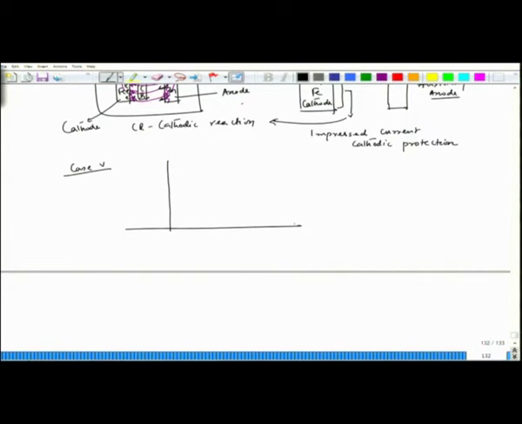Previously we could see that if we have concentration polarization, let us say, these are basically I max values, I max 1, I max 2, I max 3, and we have seen that with increase in velocity, I could see that the I max increases. Velocity increases, I max increases.